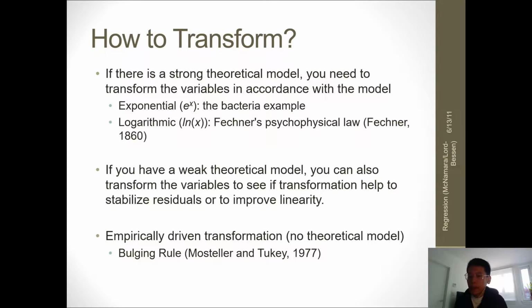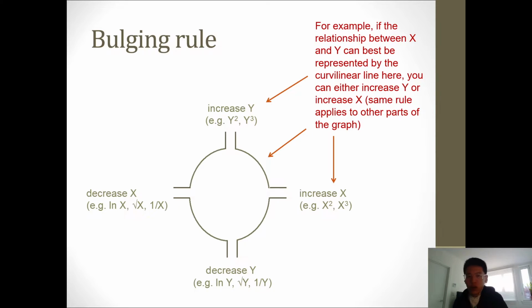So you could try the transformation, but there's no very strict general rule. It's a sort of subjective rule or rule of thumb. So you could follow that, but be careful that in such a case you don't have a very strong theoretical base. That rule is called the Belgian rule, and that is represented in a graph. So let's just look at the graph here. Okay, so let me explain this graph.